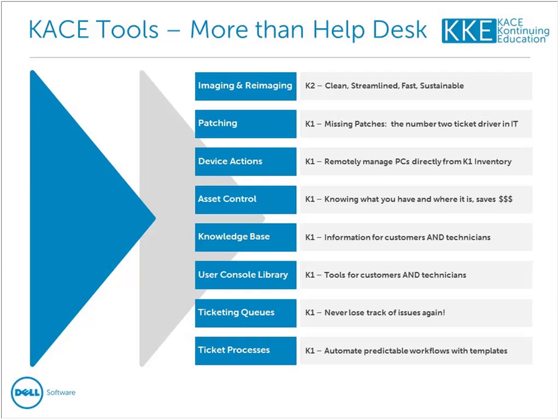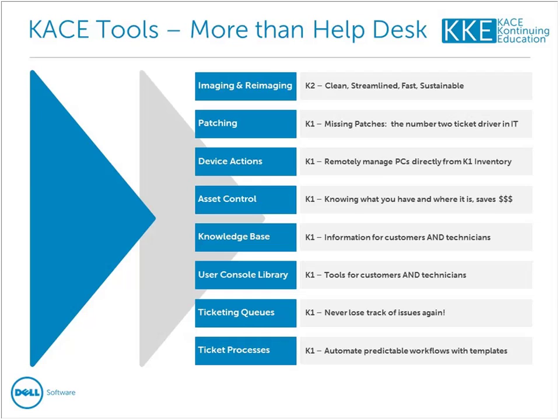Three, I guess, on my list, device actions, right? If a user has a problem and I do need to interact with them, it's much more efficient for me to remotely interact with them rather than to get up out of my desk and walk to wherever they are or travel to a distant state, wherever their office might be.